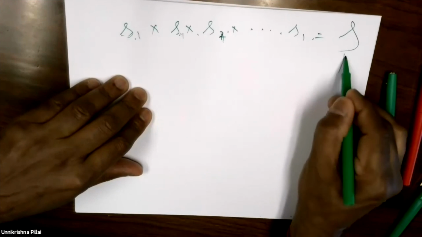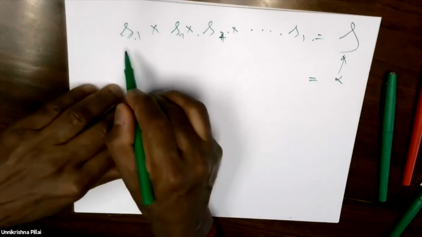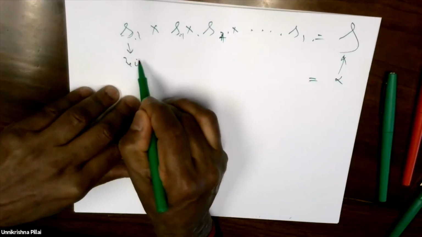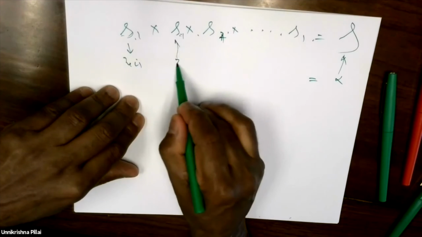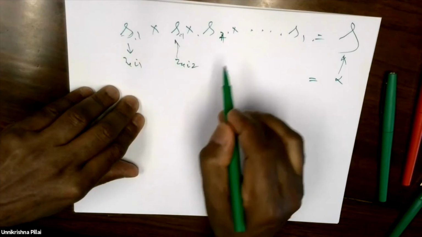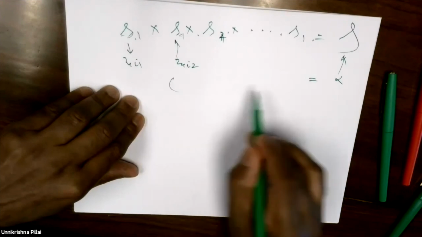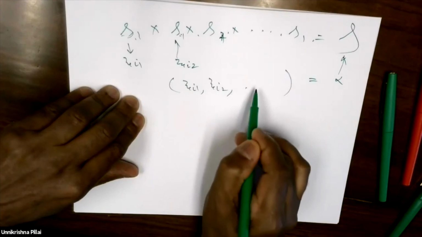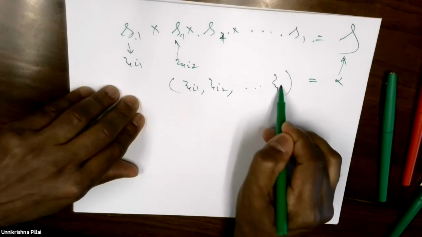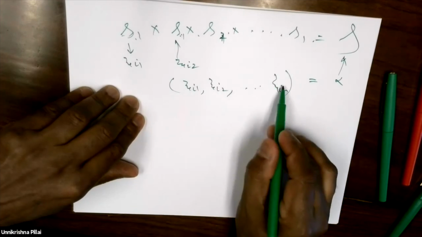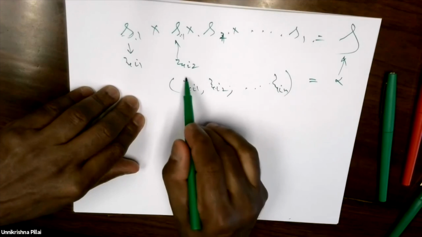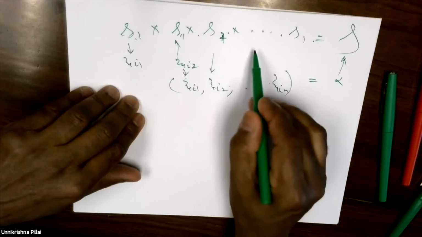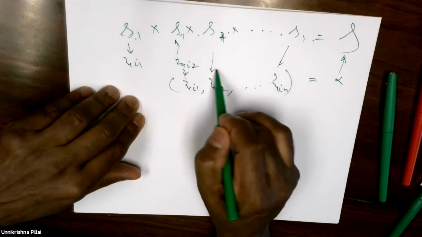So if I call an elementary outcome alpha here, and an elementary outcome here is psi i1, an elementary outcome here is psi i2, etc., then this would be psi i1, psi i2, etc., psi iN. So this will be an n-tuple. There are n entries, each entry corresponding to an ordered entry from the original experiments.